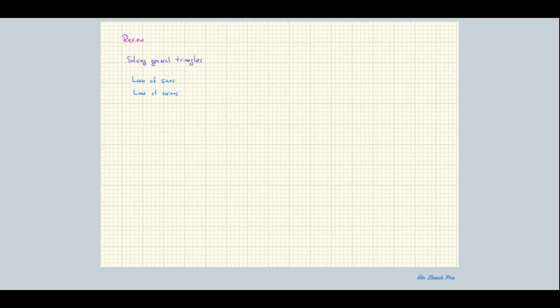We also want to talk about solving general triangles. This is the other thing we looked at over the course of the last few weeks, give or take a couple weeks off for extended spring break. Okay. Now remember the law of sines and the law of cosines, yes?